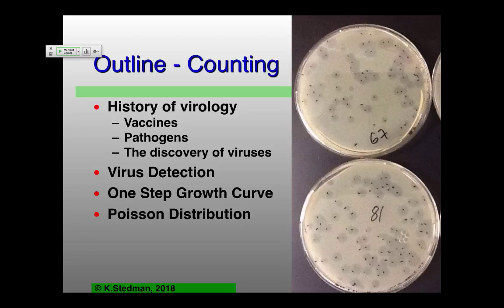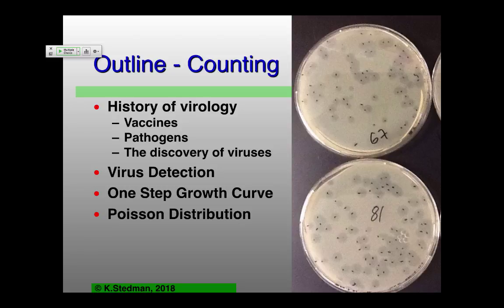I am as well. The other important concepts that we'll talk about today are the so-called one-step growth curve. This is a way for studying virus replication. And again, it's that whole virus, not just the virion here. In order to study a one-step growth curve, the whole idea here is that it's very, very, very difficult, although now slowly becoming possible, to study one particular virion infecting one particular host.